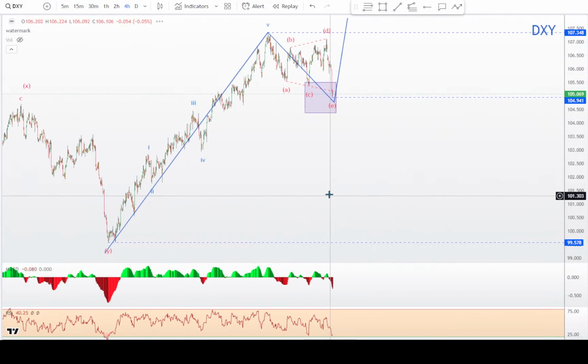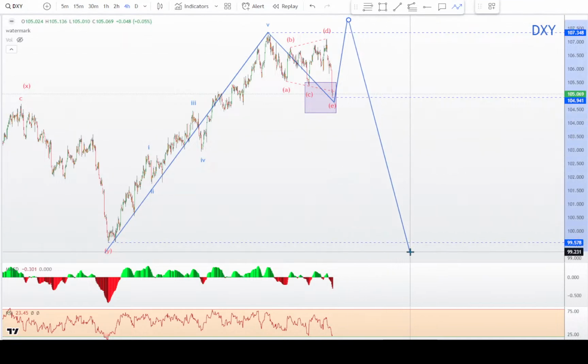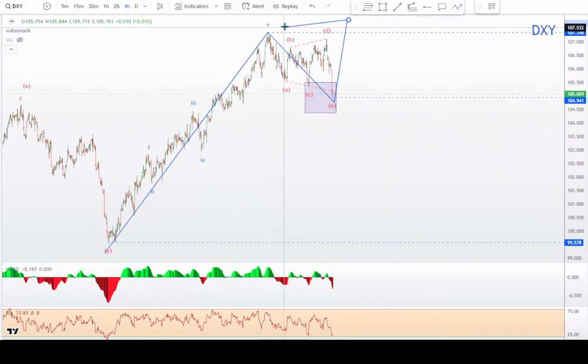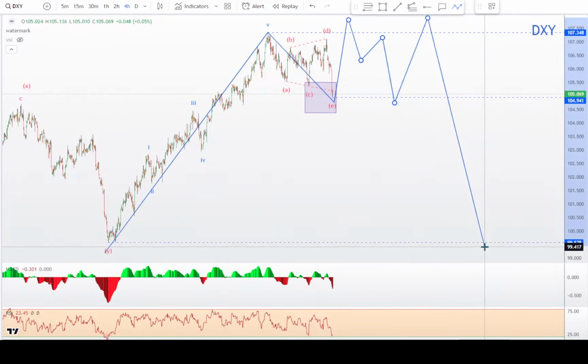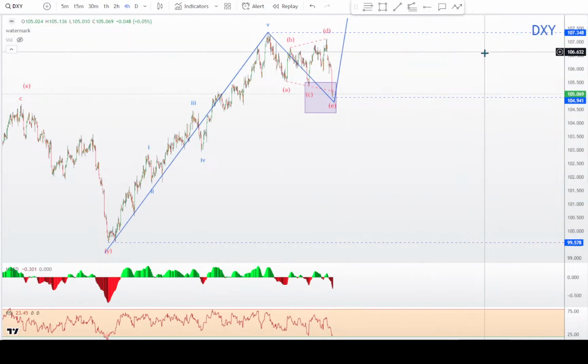And I said that then it'll be in a position where it could come all the way down, or this could be just the A. It'll give you one more three-wave correction for B, and then still one more up for a C, before they come down. But for this week, maybe even the next 2 weeks, it should be going upwards to take out that 107. So I'd only be looking for buy setups.